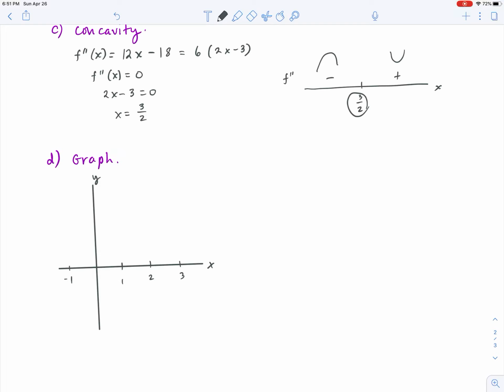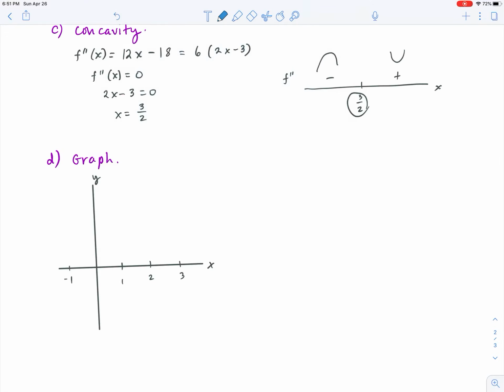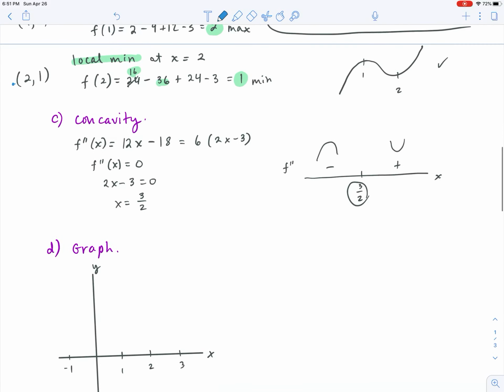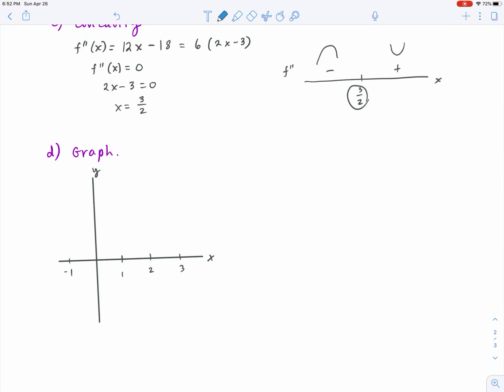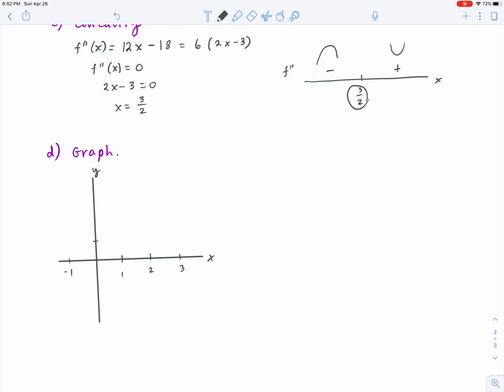I'm looking at my critical points, (1, 2) and (2, 1). Let me go ahead and put in some y values. So (1, 2) and (2, 1).